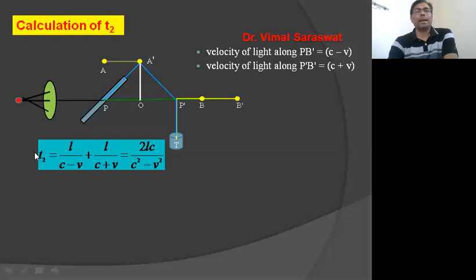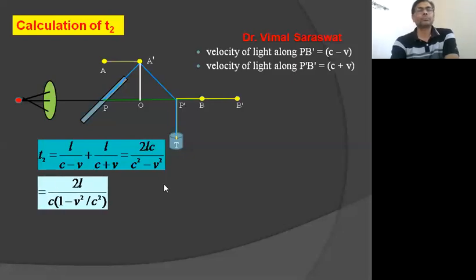L upon c − v is the time taken by the beam in moving from P to B', and L upon c + v is the time taken by the beam in moving from B' to P'. So this will be 2Lc upon c² − v². If we take c² common from here, then 2Lc upon c²(1 − v²/c²), and c will be cancelled out.